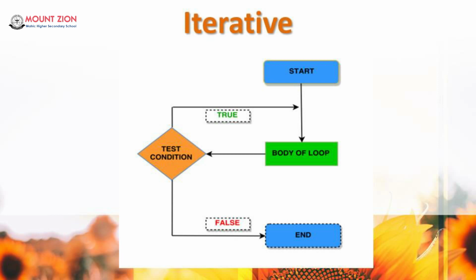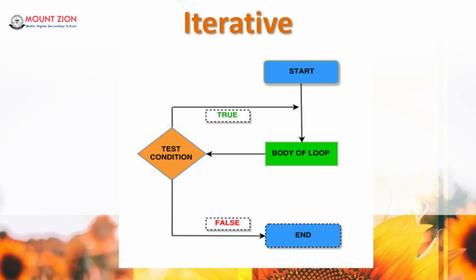For example, we start the execution, and once the condition gets true, the body of the loop will be executed, and it will be continuously executed until the condition gets false. So as long as the condition is true, the body of the loop statement will be executed continuously.